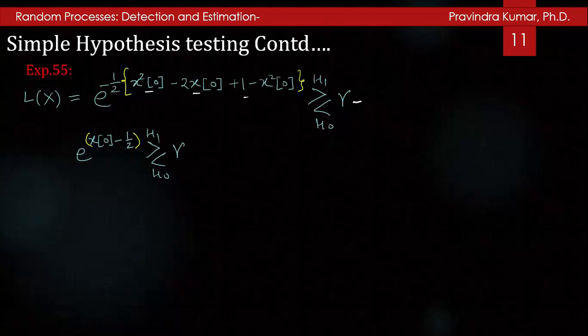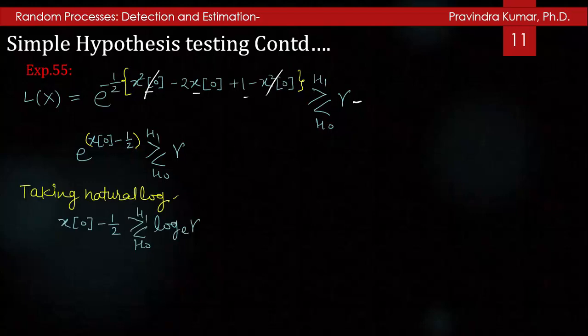After solving this, we will get e to the power (x naught minus 1 by 2) greater than or equal to the threshold gamma. Taking natural log, you will get x naught minus 1 by 2 greater than or equal to log e gamma. You can write this as x naught greater than or equal to 1 by 2 plus log e gamma, and this is the new threshold. 1 by 2 plus log e gamma will be gamma dash.